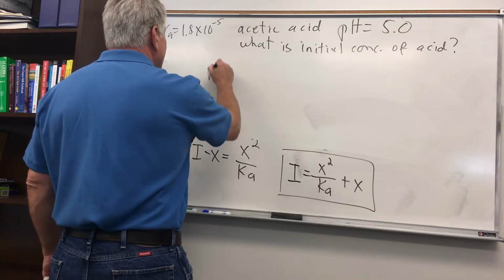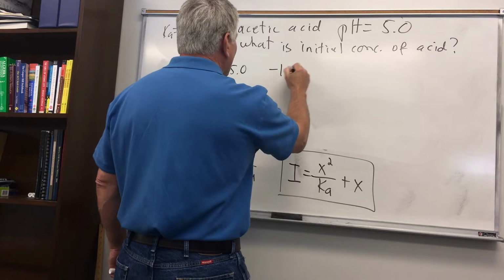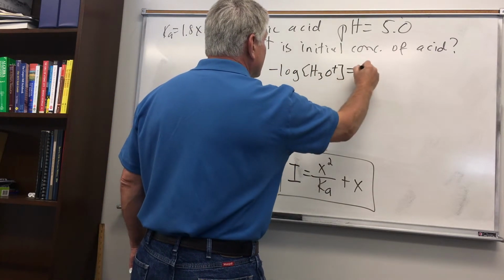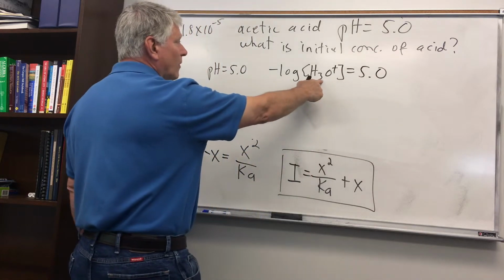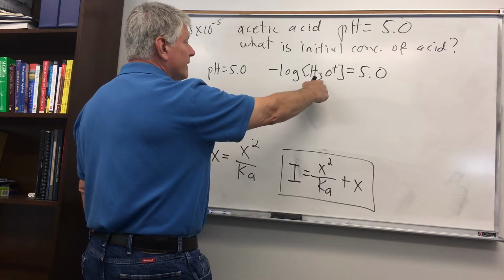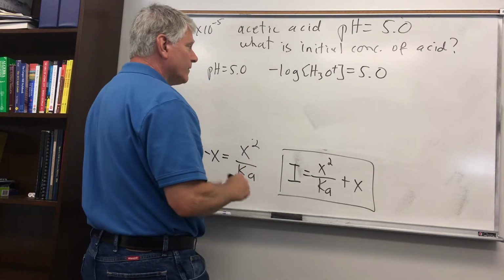So the pH is equal to 5.0. That means the negative log of H3O+ concentration is equal to 5.0. I want to solve for the H3O+ concentration. That's my X. So to do this, I have to take the anti-log of both sides of the equation.